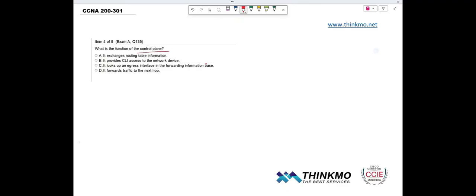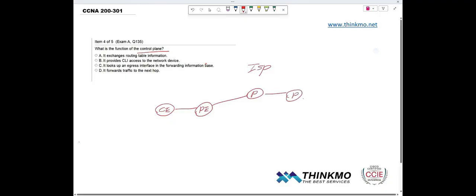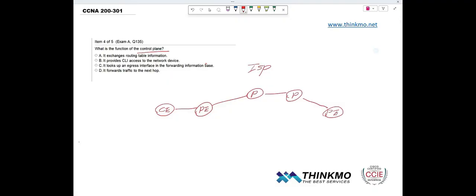The control plane, let's say, for example, your customer's CE, right? It connects to the enterprise's PE. And then this enterprise connects to the operator's PE equipment. This PE equipment is connected to many P devices in the middle. The P devices are used for forwarding, whether it's forwarding data or routes, and then it transmits to another place, right?